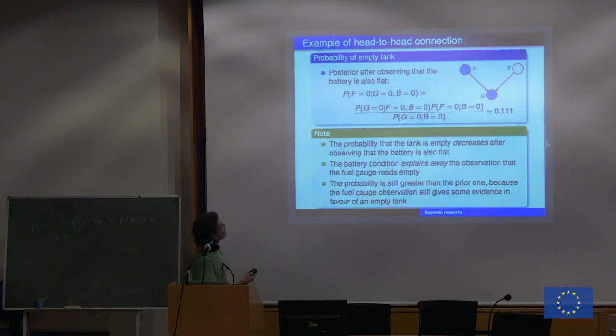At this point, the probability goes down. It goes down because of the explaining away effect. If the gauge says down, the reason is very likely that the battery is down. So the gauge does not have enough electricity to go up, not because the fuel tank is empty.